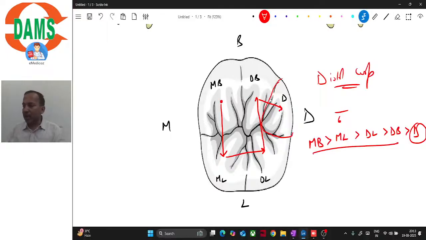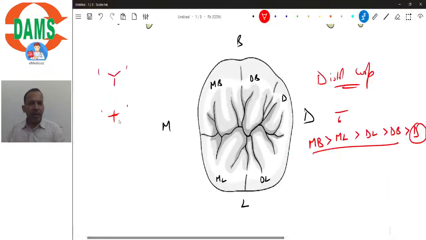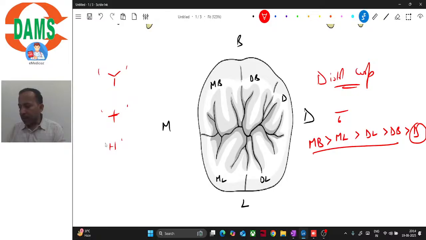So let's again take a look at the mandibular first molar. When you look at it, what were the options? I think the options were Y-shaped, plus-shaped, H and irregular.